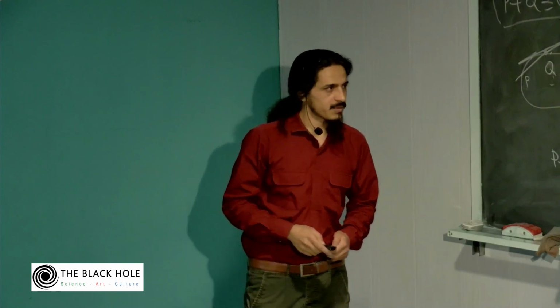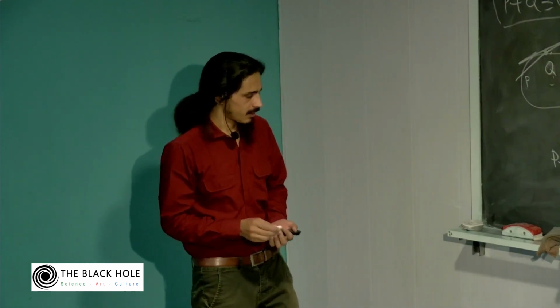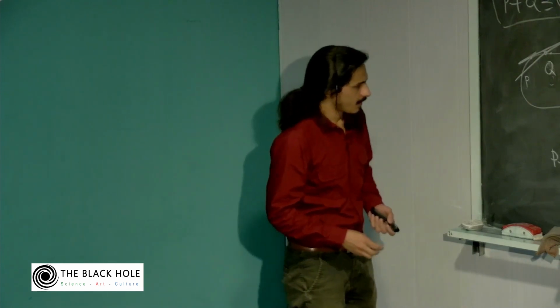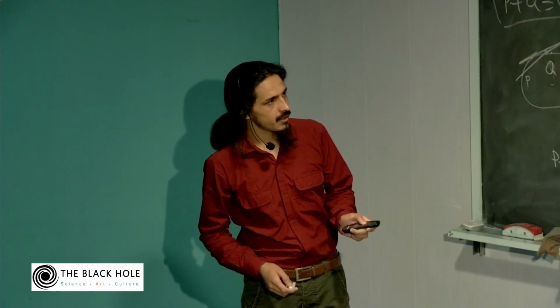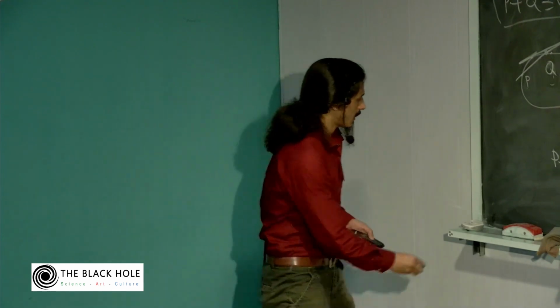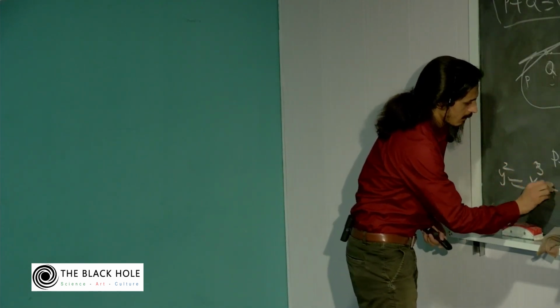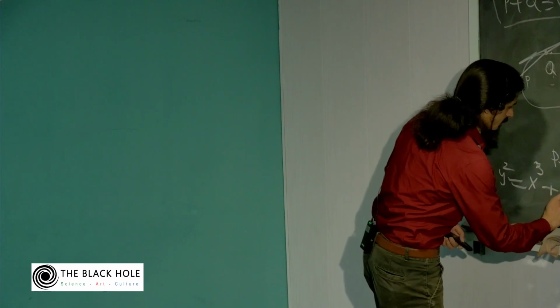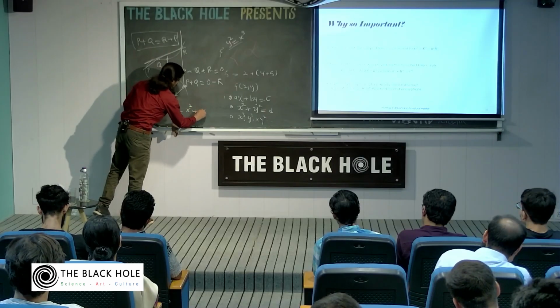The end-to-end encryption actually uses an elliptic curve of the form y square equals x cube plus a large coefficient times x square plus x.